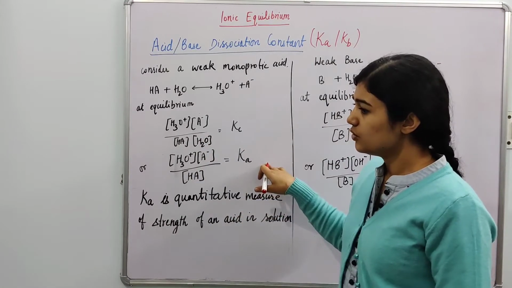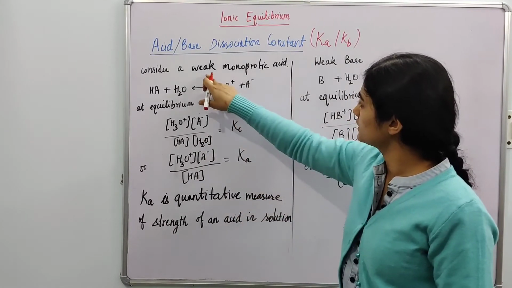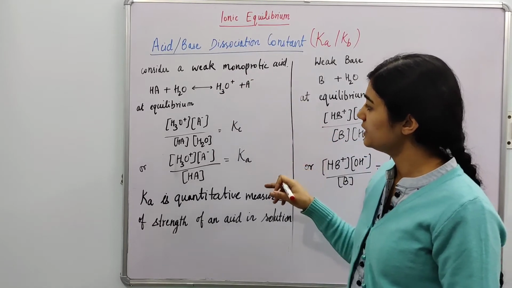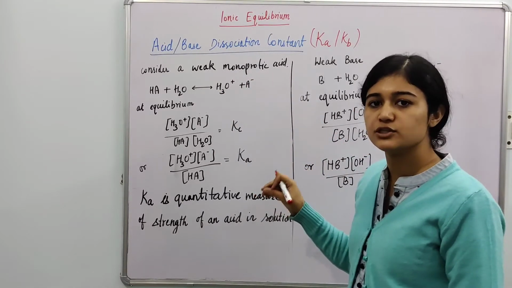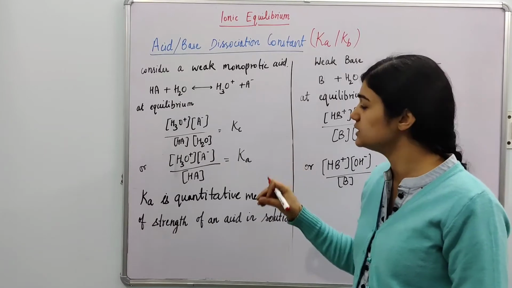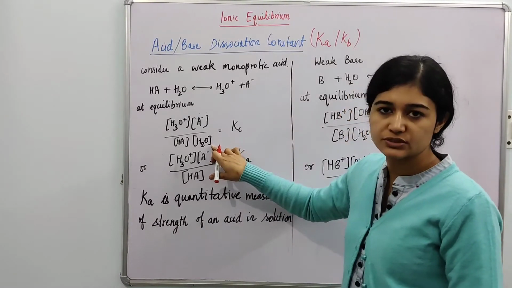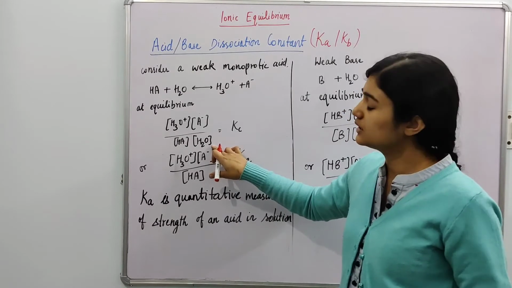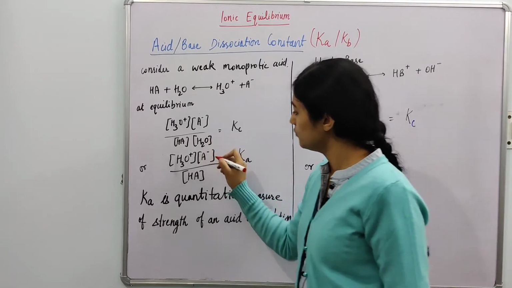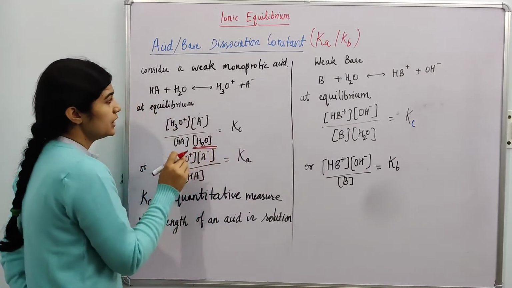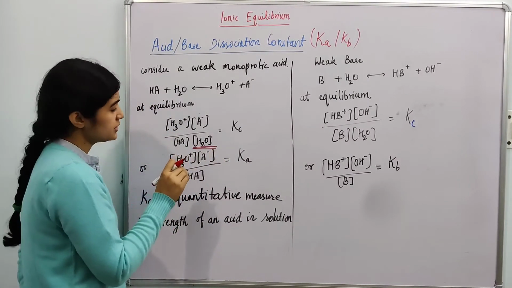Alright. So when you are taking the case of a weak monoprotic acid, the extent of dissociation of the weak acid is very small. So the change in concentration of water is very negligible. It can be ignored. So basically the concentration of H2O remains constant.